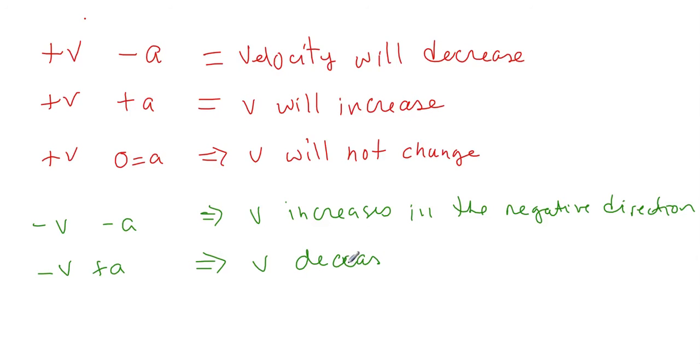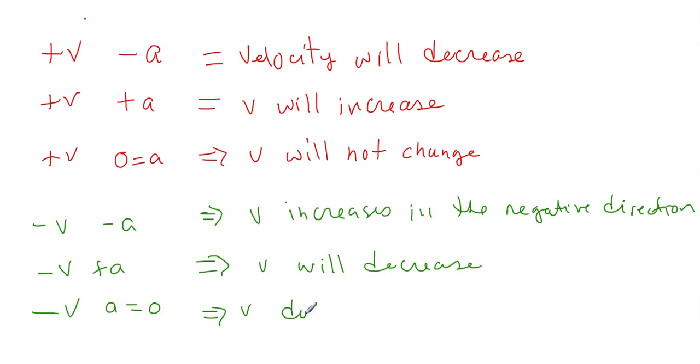Oops, that's supposed to be r. Let me take that out of here. Your velocity will decrease. And if I have a negative velocity and the acceleration is equal to 0, well, my v does not change.